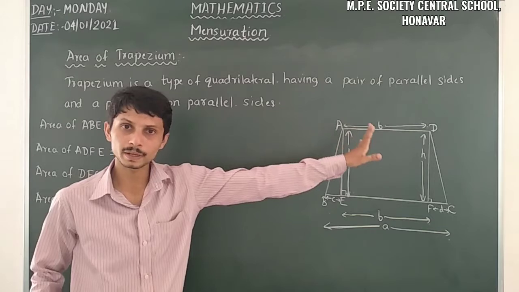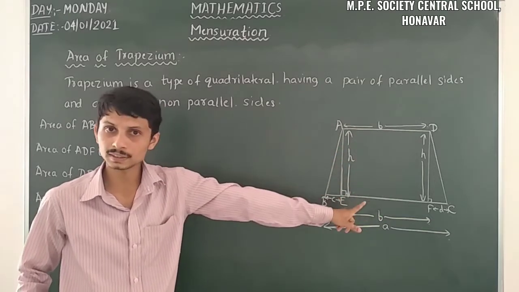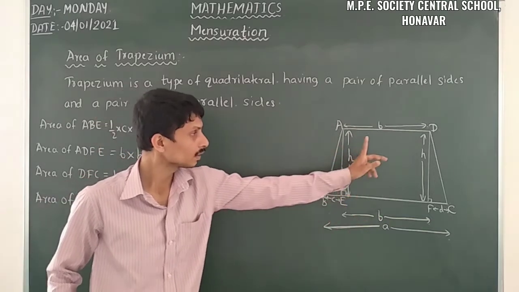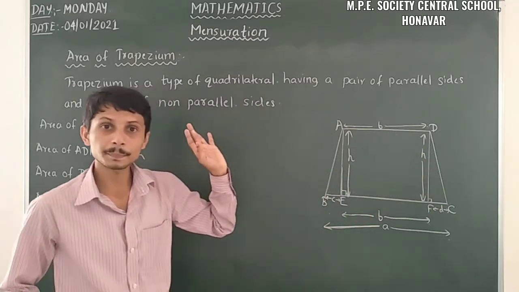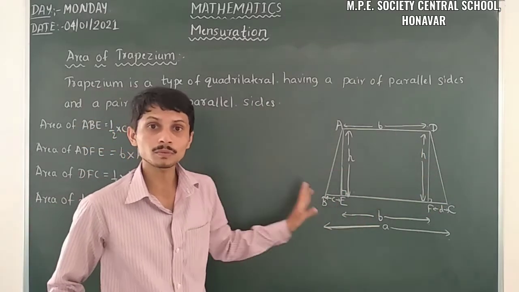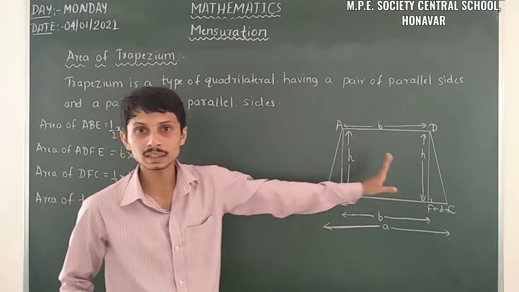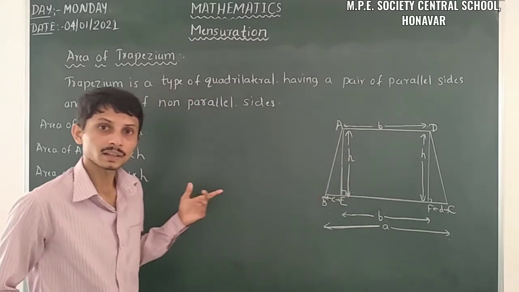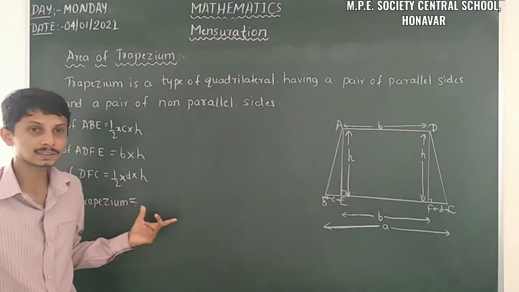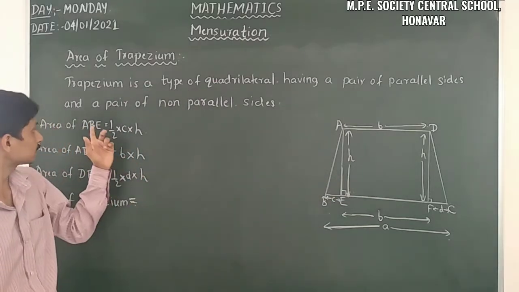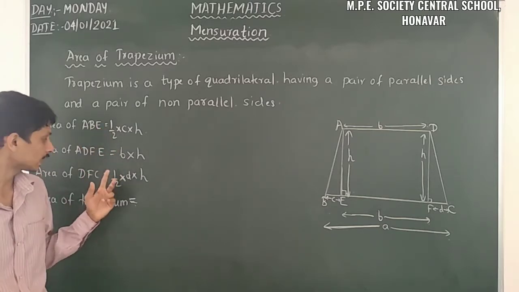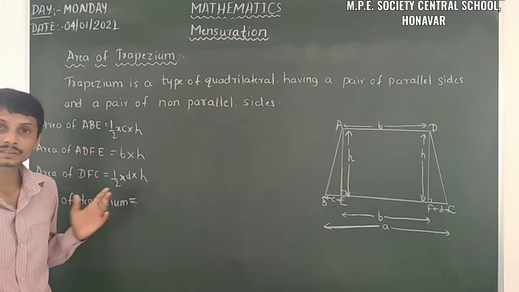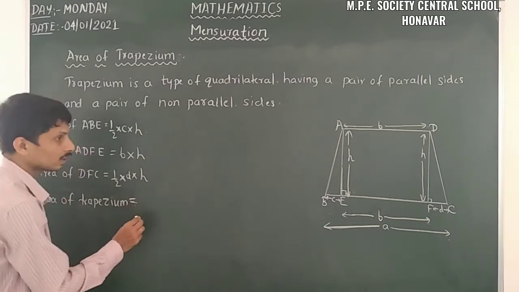The trapezium is made up of three different figures, that is, one is a triangle, another is a rectangle, another is another triangle. So that means the area is the sum of these three figures. So that's why we have to write the area of trapezium is equal to area of this triangle plus area of this rectangle plus area of this triangle.